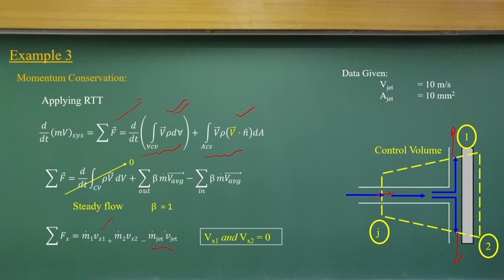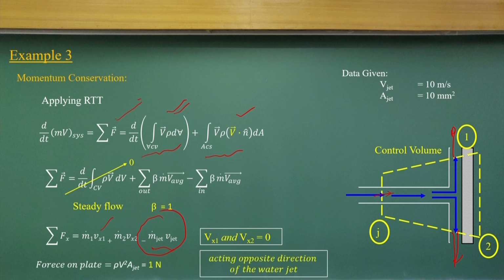But as you remember, the two velocity components of the exiting flow are 0. So only these components will be there, that is the momentum flux, rho v square a z.